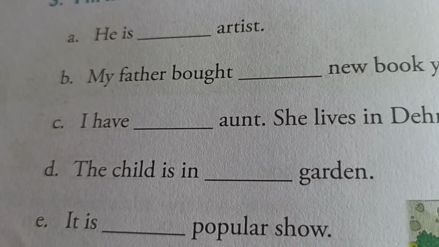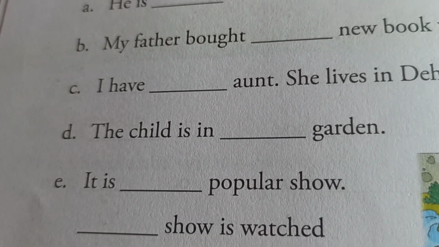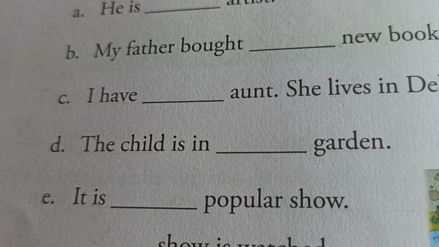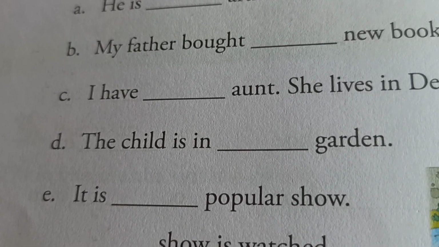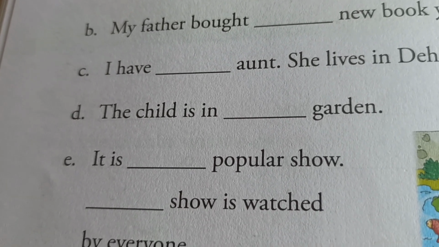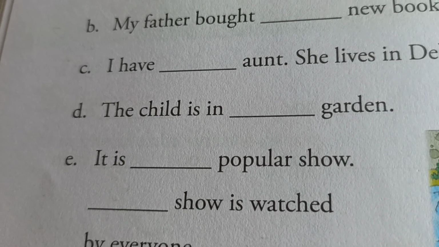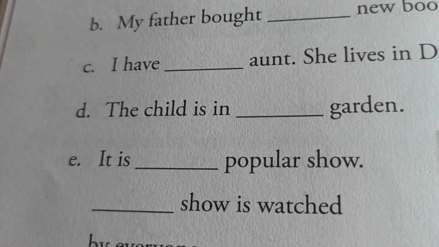The child is in a garden. Next one: it is dash dash popular show. P is a consonant letter, so it is a popular show. Next: dash dash show is watched.